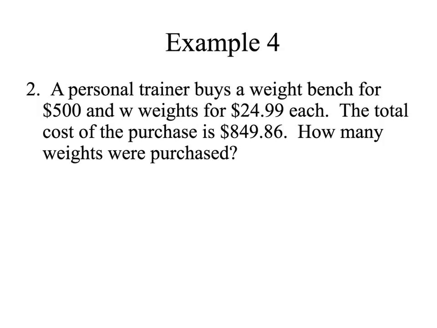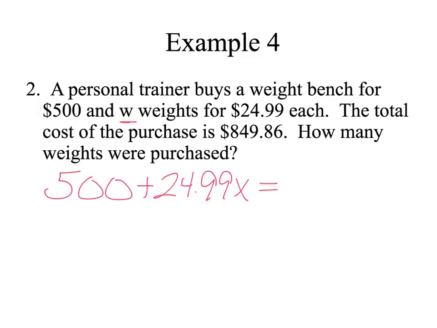So a personal trainer buys a weight bench for $500 and W weights. So he buys this bench for $500, plus he buys so many weights, W, for $24.99 each. And the total was $849.86. That's the equation. That's what I got out of all of those words. Now it's asking how many weights were purchased.